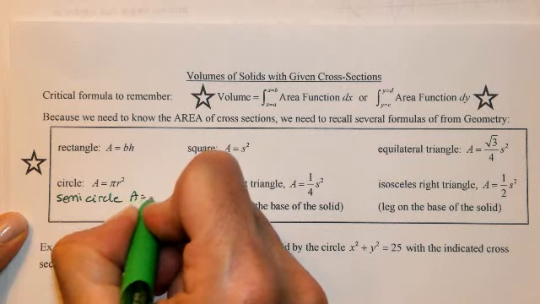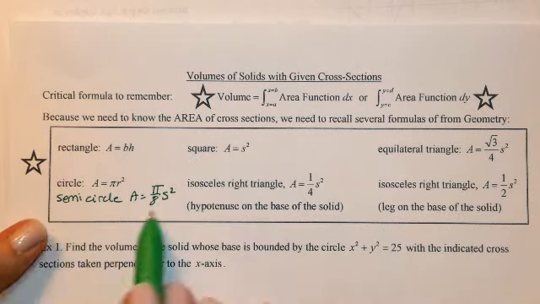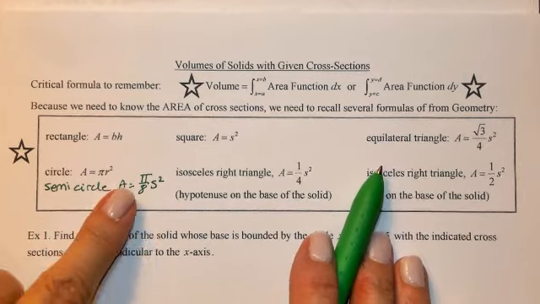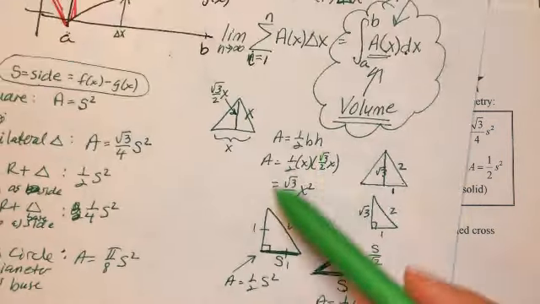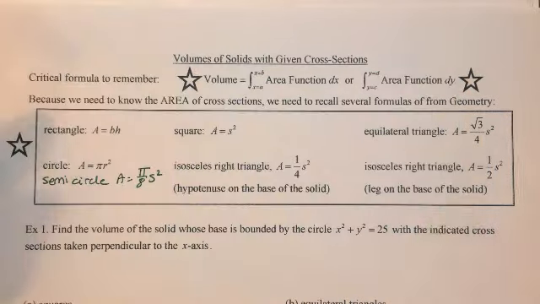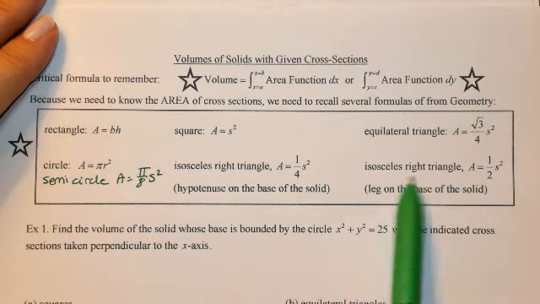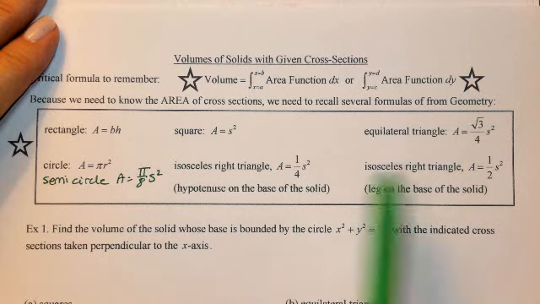The area will be pi over 8 S squared. These are all things that you should know, I don't want you to have to do this every time you need an area, okay?